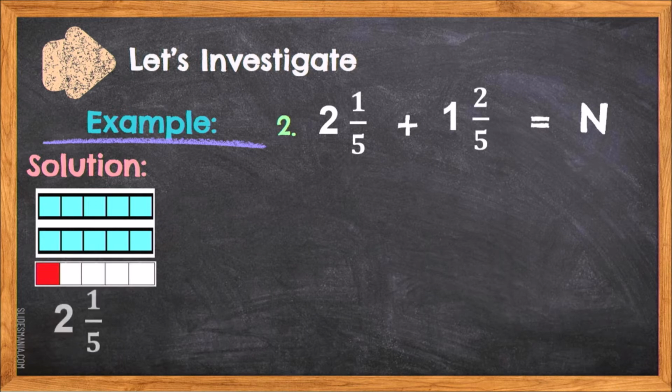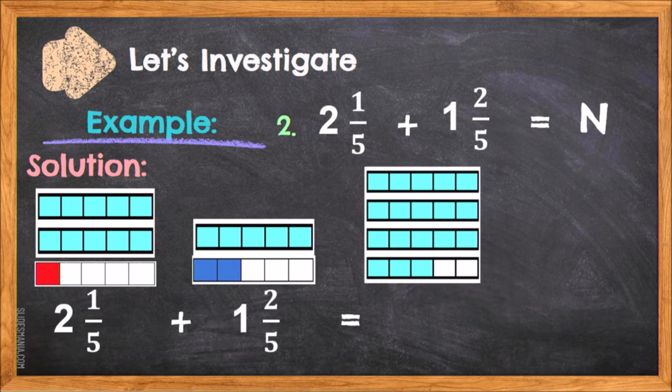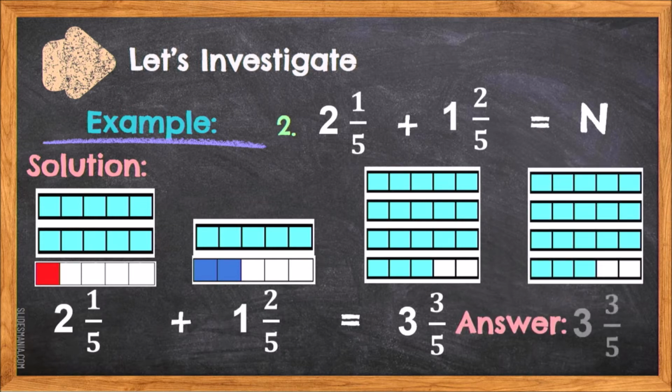So 2 and 1/5 plus 1 and 2/5 is equal to how many? Very good. We have 3 and 3/5. Here, kids, we add the whole numbers, which are 2 and 1, and we add the numerators, which are 1 and 2. So our final answer is 3 and 3/5.